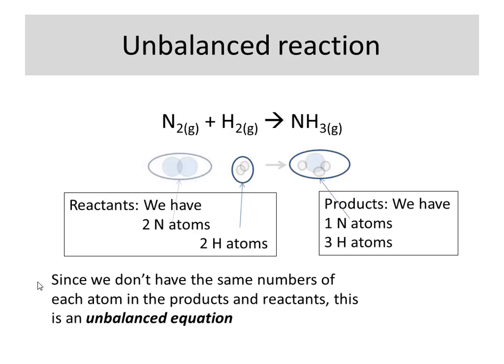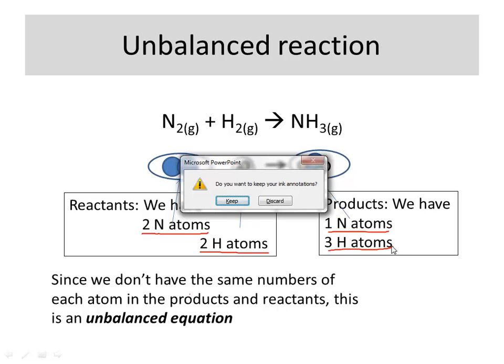Since we don't have the same number of each atom in the products and reactants, it's not balanced. We have a different number of nitrogens and a different number of hydrogens. So that's what it means to be an unbalanced reaction.